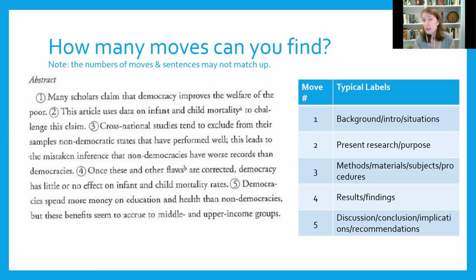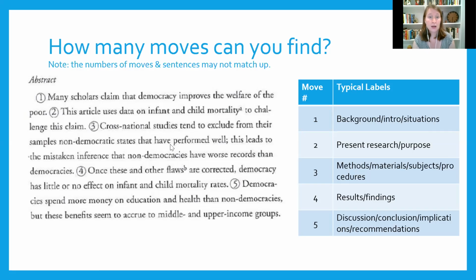But I would still say that's more in the findings category than an implication category, but I can see an argument for that. So I would say that there probably isn't any true example of move number 5 in this abstract.